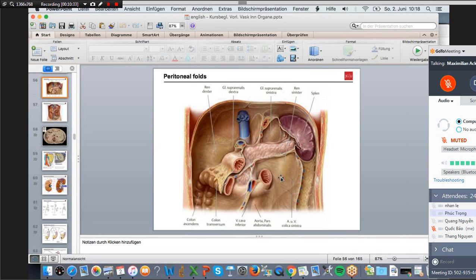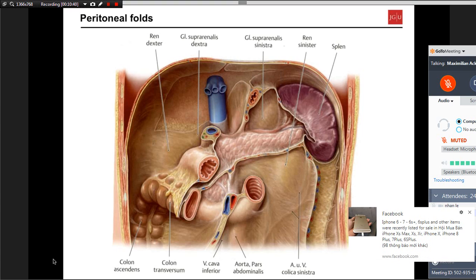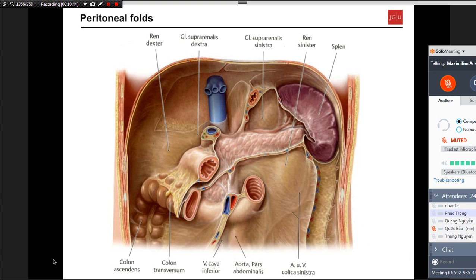Some words now to the peritoneal folds and the peritoneal spaces. So this is what I mentioned yesterday. In the course of the abdomen, the gut is sometimes within the abdominal cavity, sometimes without. And if you have these margins where you have a course of an intraperitoneal organ and a retroperitoneal organ, you have peritoneal folds, and this frequently happens here.